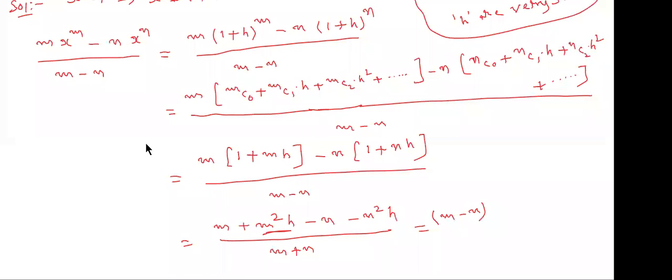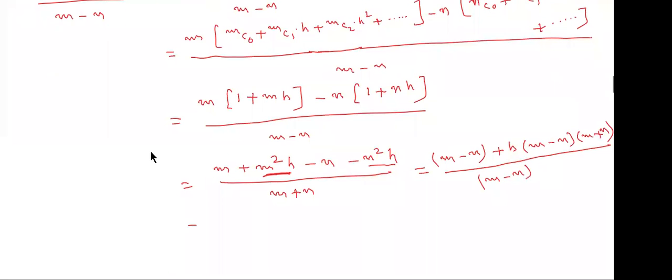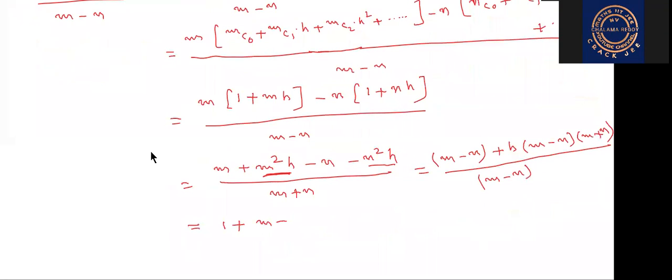Next, observe these two, m square h minus n square h. Take h common. M square minus n square means we can write (m minus n) into (m plus n), or not? And the denominator m minus n is there. In both the terms, take m minus n common and it is going to cancel. Now remaining is 1 plus (m plus n) into h.